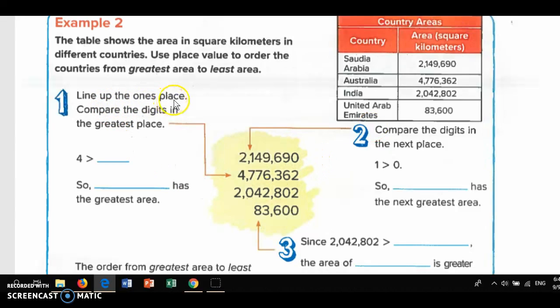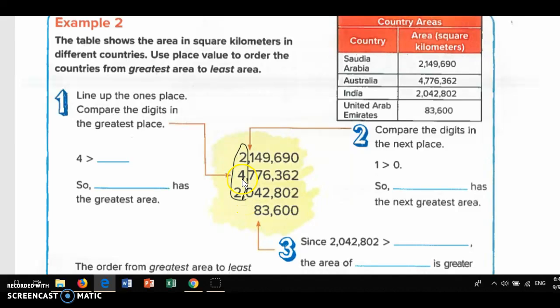Line up the ones place. Compare the digits in the greatest place. So again, we are going to compare these digits. 2, 4, 2.